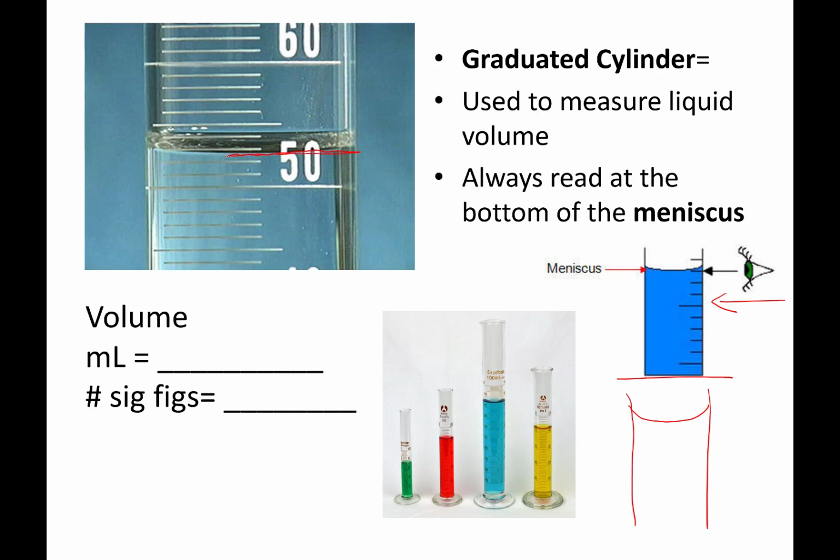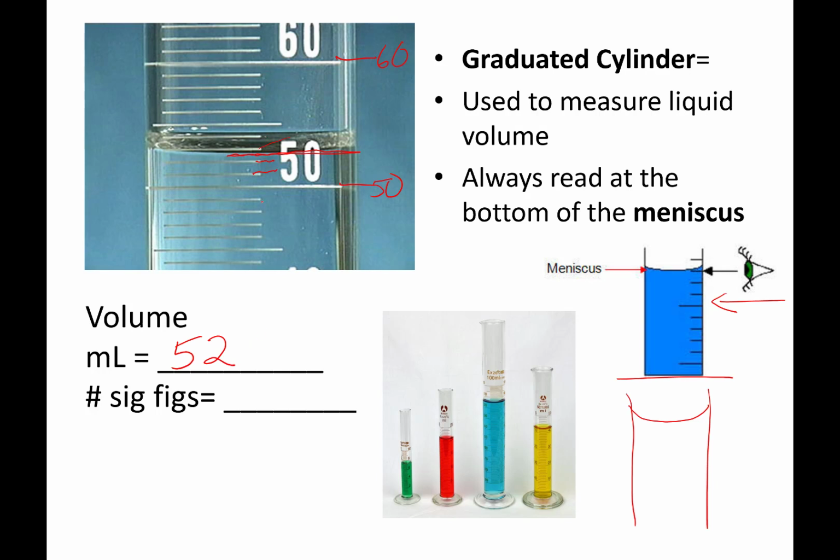Now, what is this volume? This is 50 milliliters. This is 60 milliliters. And each one of these little hash marks is 1 more milliliter. So 51, 52, here is 53. So we are certain this is 52 milliliters, and we can guesstimate one more.